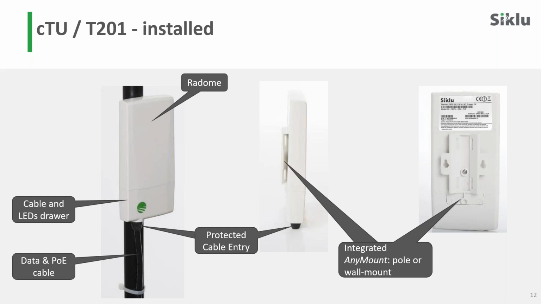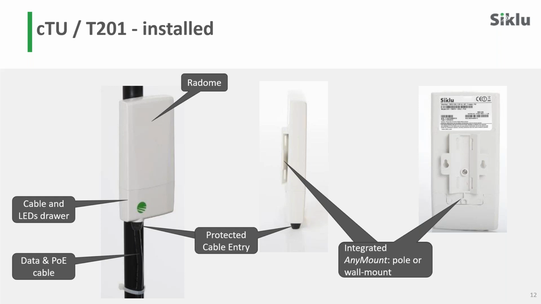The drilling pattern for the holes is printed on the quick start guide, which comes in the box. So basically you put the drilling pattern on the wall, drill the 3 holes, and mount the compact TU straight flat on the wall, very easy.